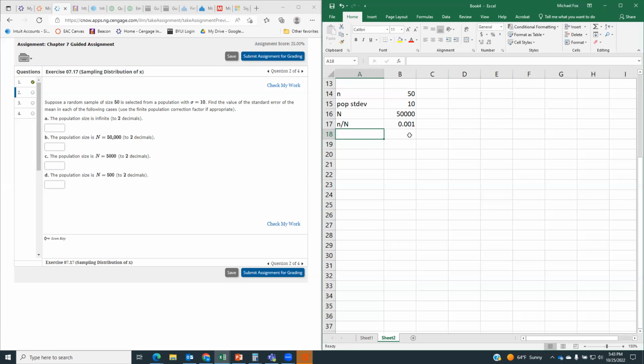So, all right, let's go ahead and figure out our standard error of the proportion. Remember, our standard error equals our population standard deviation divided by the square root of n.